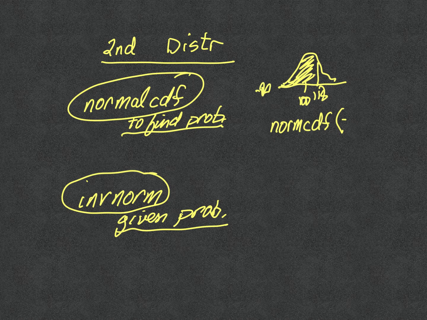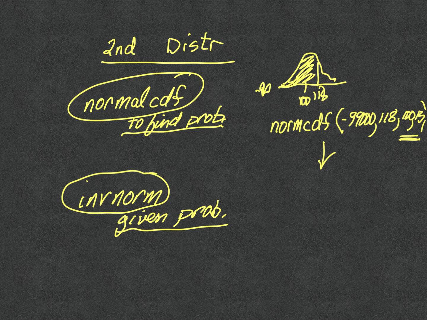And so I would put just a very big number, like we talked about in class, negative 99,000 up to 118. And then I put the mean, 100, and the standard deviation, 15, of this distribution. And this will plunk out exactly the answer that you should have got by using the tables.